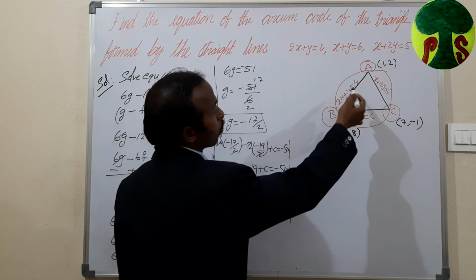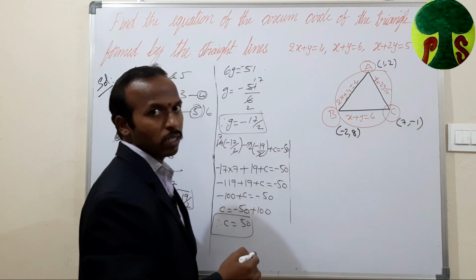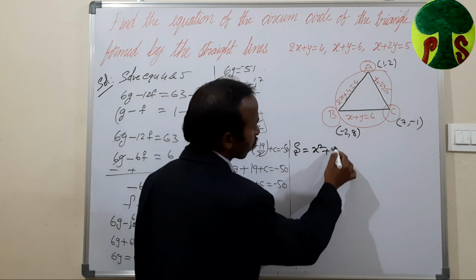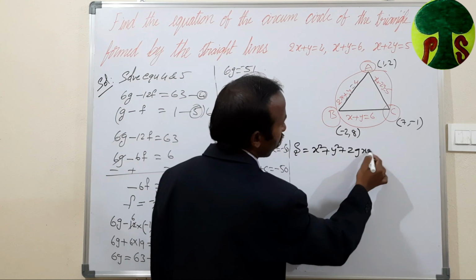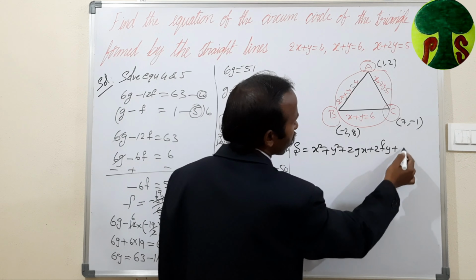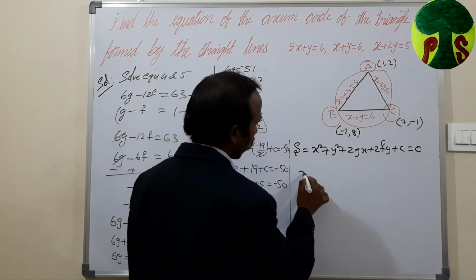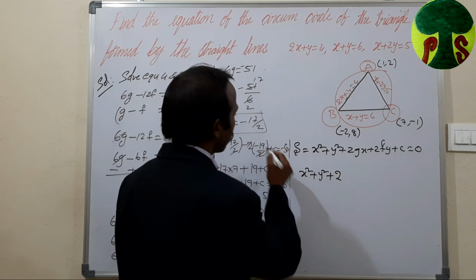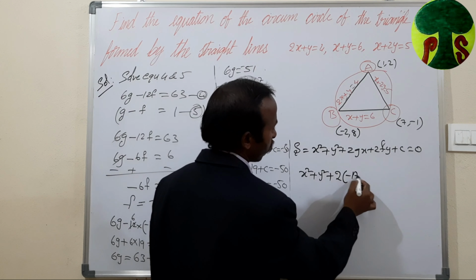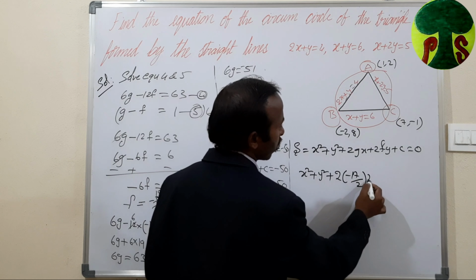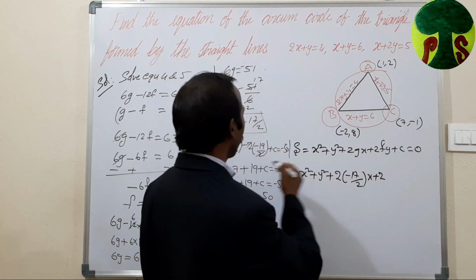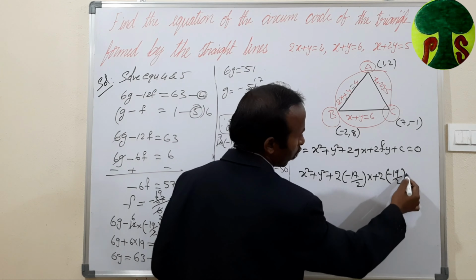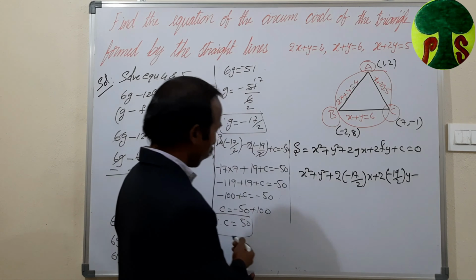The circle equation which is passing through the ABC points, that is S equal to x square plus y square plus 2gx plus 2fy plus c equal to 0. Here x square as is plus y square plus 2, value of g is minus 17 by 2 into x plus 2 into f value is minus 19 by 2 into y plus c value is how much? 50.